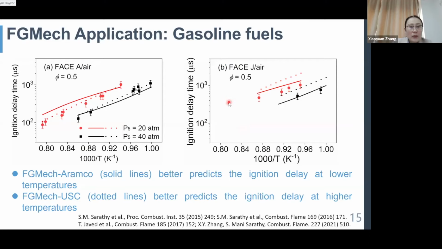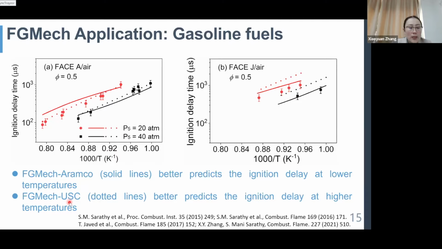Right now, I will give you some examples of the validation results. This slide presents the ignition delay time for gasoline fuels. Symbols are experimental data. The solid line represents the present FGMAC plus Aramco base model. The dotted line represents the present FGMAC plus USC-MAC2 model. Note that the only difference in these two models is the base model.